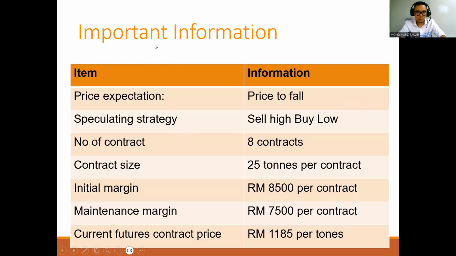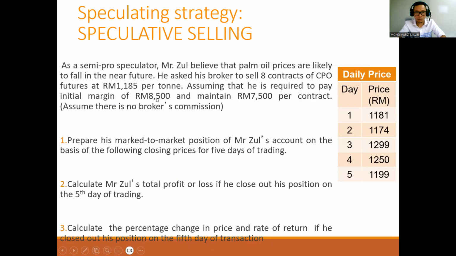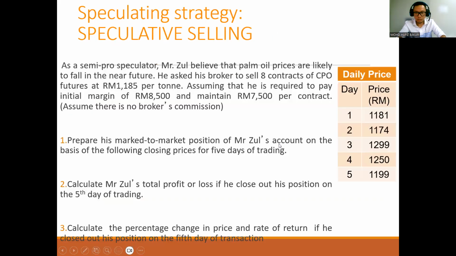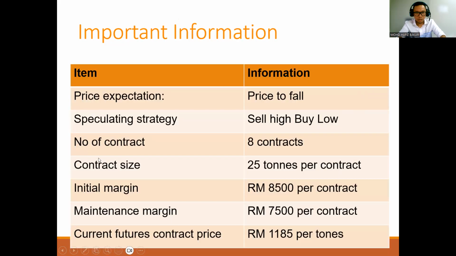Okay, so important information from the situation: they expect the price to fall. Price is likely to fall in the near future. So price expectation, price to fall. Speculating strategy, sell high, buy low. Number of contracts, 8 contracts. Contract size, 25 tons per contract.